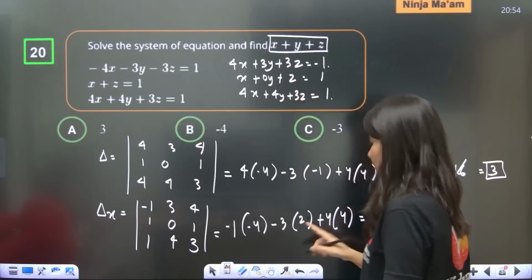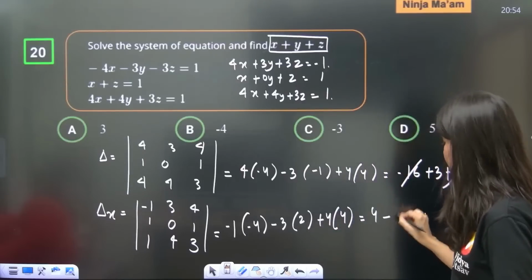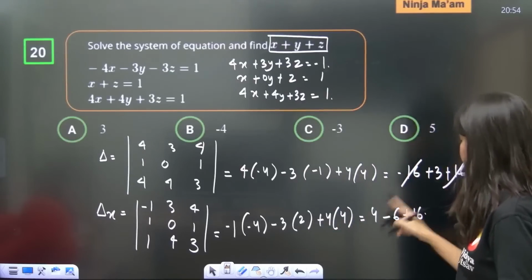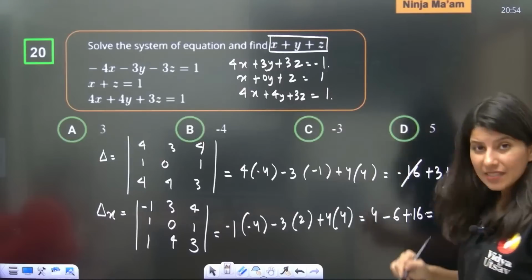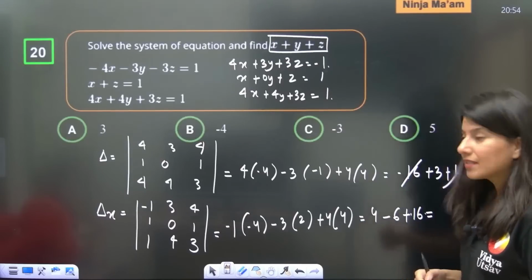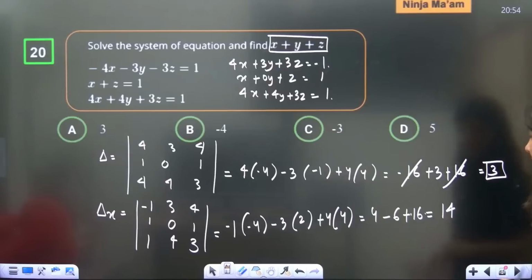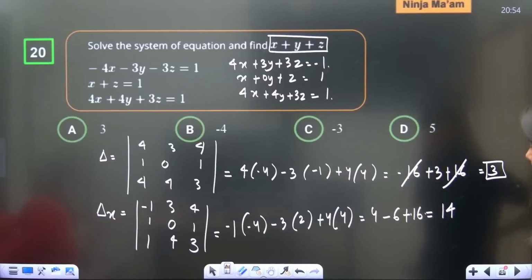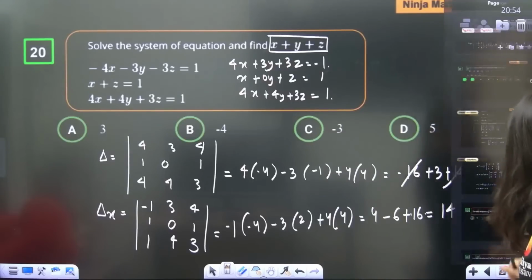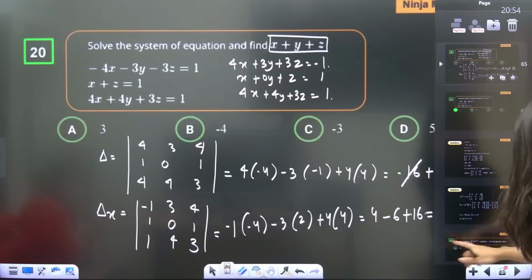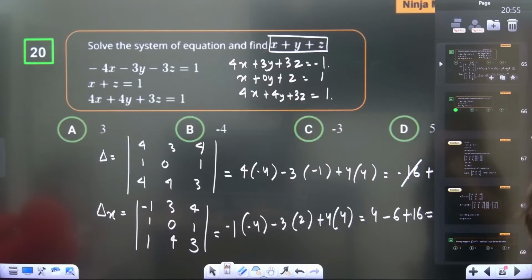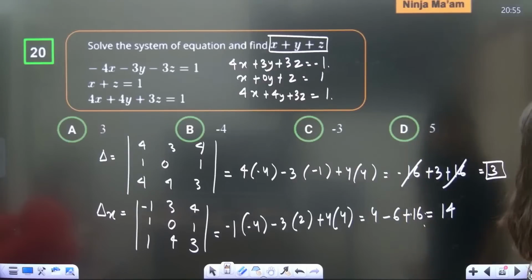So minus the plus 4 minus 6 plus 16. 16 plus 4 is 20, 20 minus 6 will be 14. So the value of x is coming out as minus 10 over here. What I'm trying to say is they are saying 3, so this should be 30.